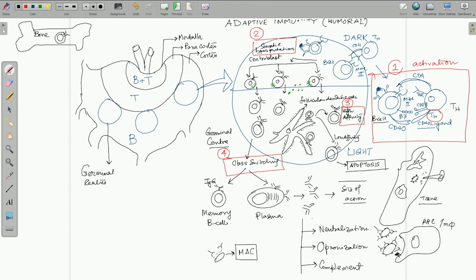Those B cells which produce low affinity antibodies will be rejected. High affinity antibody producing B cells will then undergo class switching, and finally produce either the memory B cells or the plasma B cells.